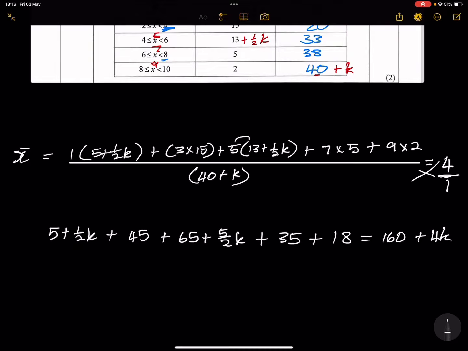We've got only 2 terms for k here: half k plus 5 over 2k, which will give me 3k.